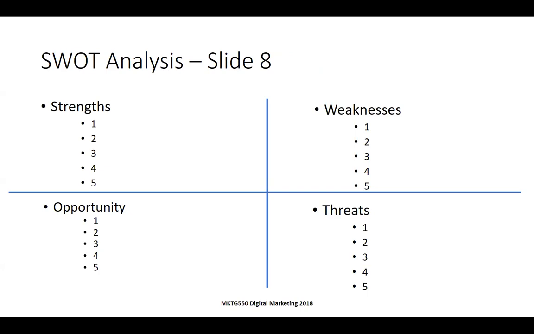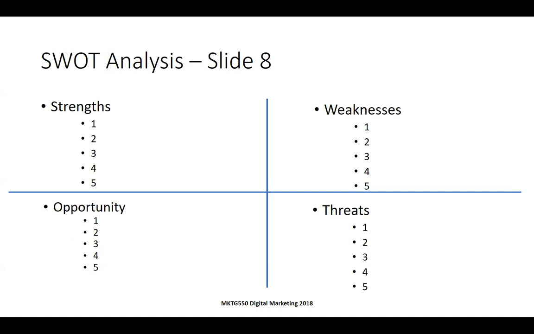SWOT. This is one that people often mess up. That's what I can tell you. Strengths and weaknesses are internal to the company, okay? The strength could be corporate culture. Equally, the weakness could be corporate culture. The strength could be the organizational structure, or the weakness could be organizational structure.